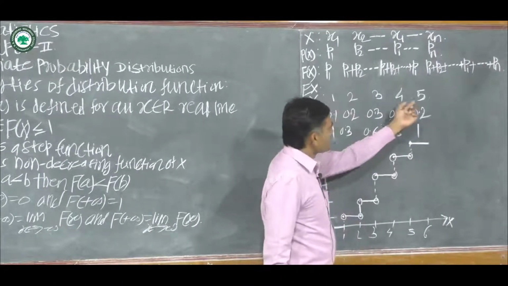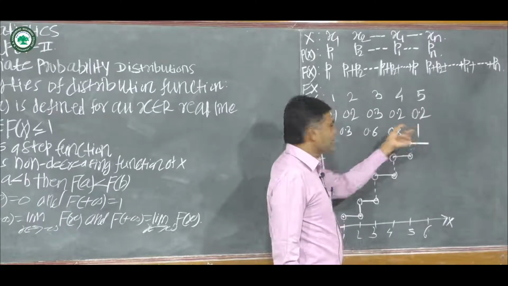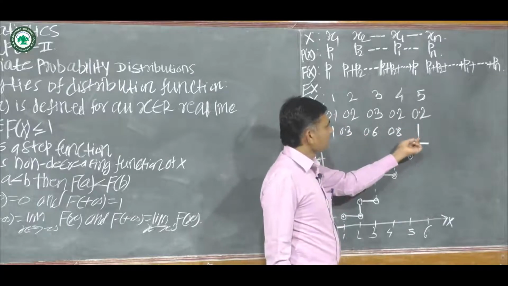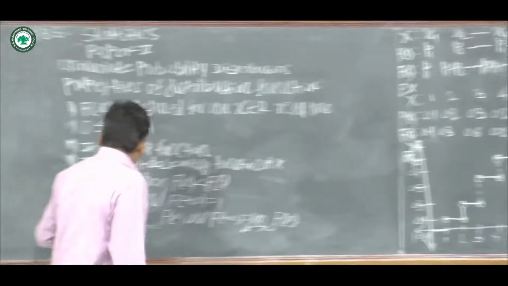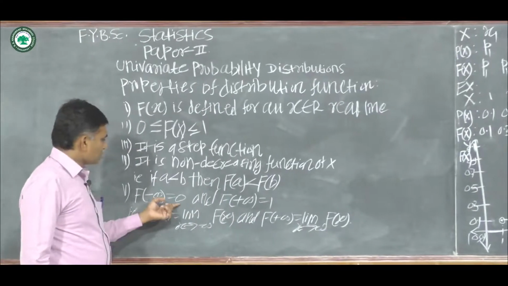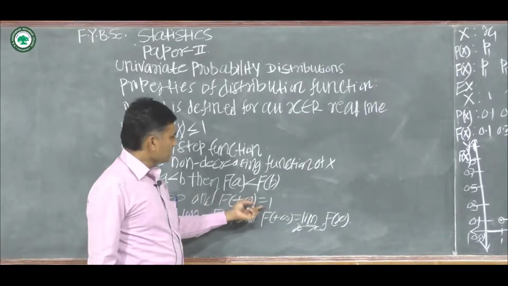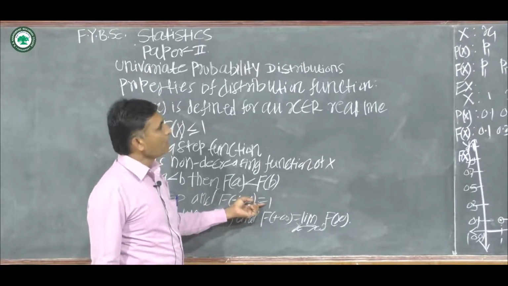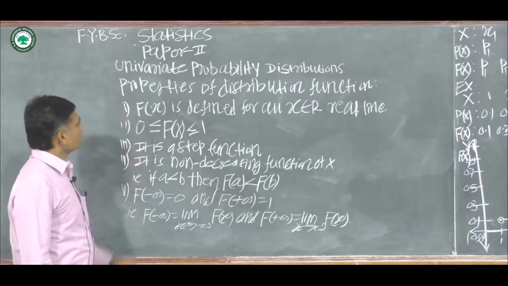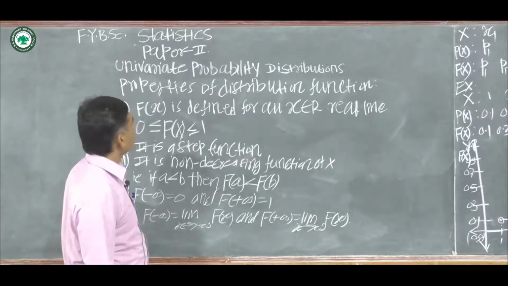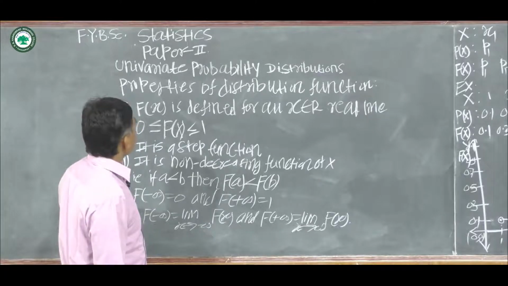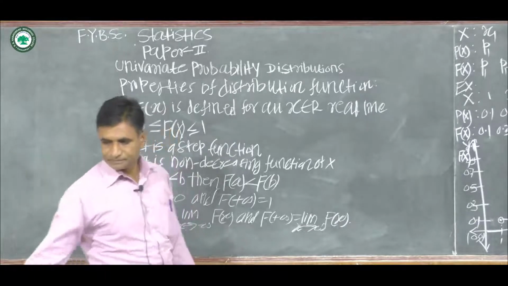Therefore, F of minus infinity is equal to 0 and F of plus infinity is equal to 1. These are some important properties of the distribution function or cumulative distribution function.